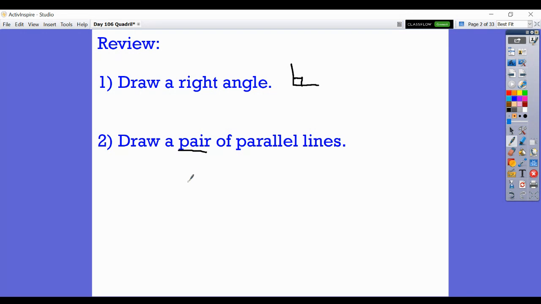Pair meaning two. A pair of parallel lines. They would go on side by side to infinity. They would never cross or touch.